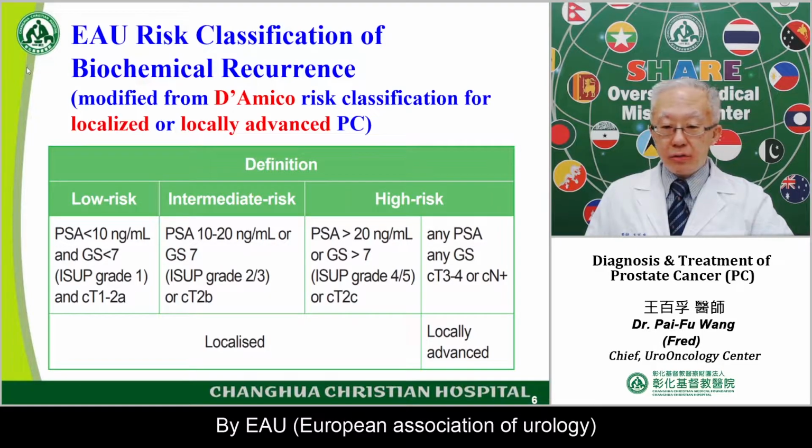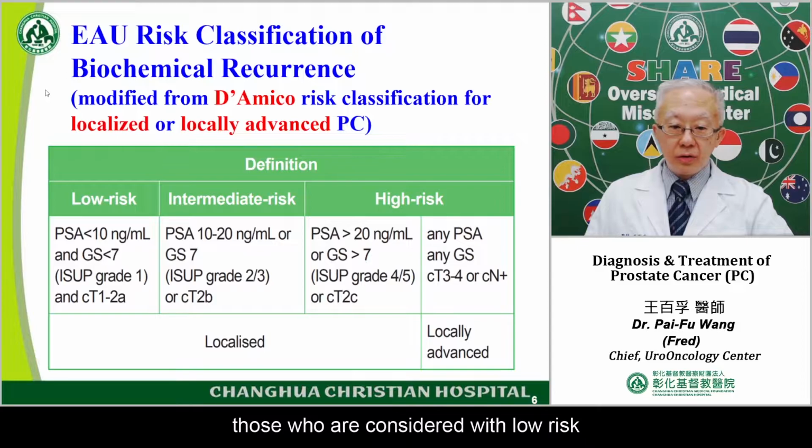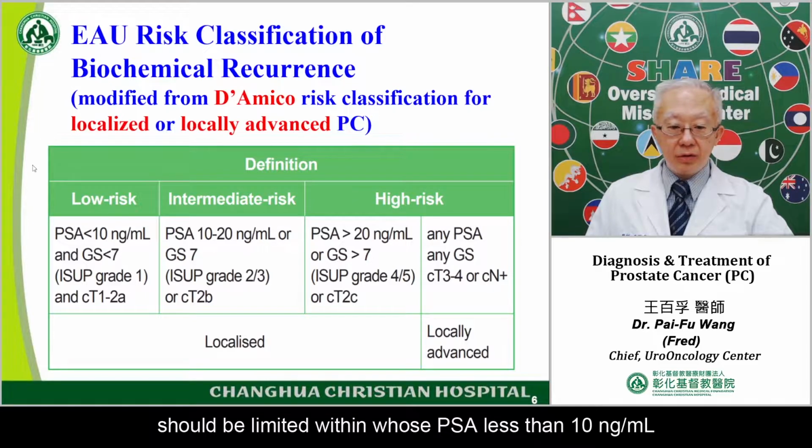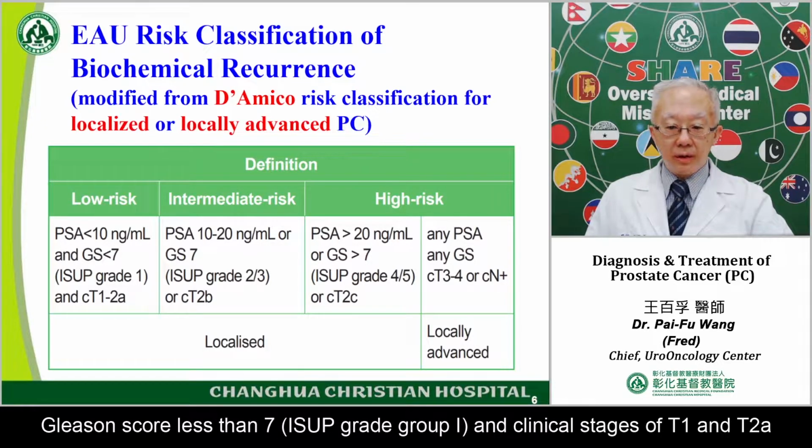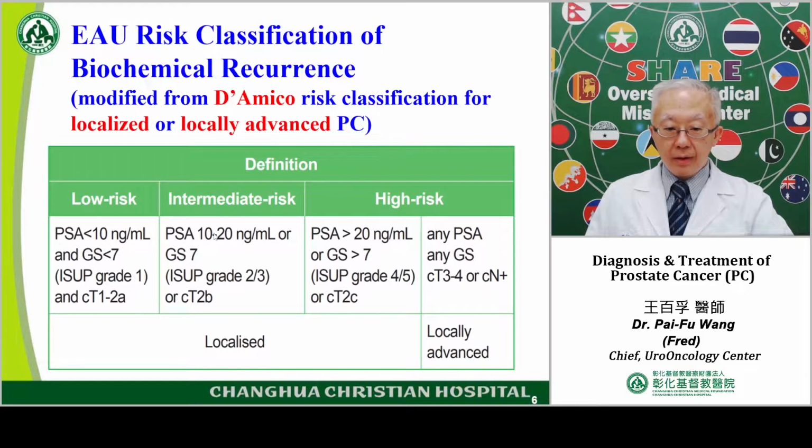By EAU, European Association of Urology, those who are considered with low risk should be limited within those PSA less than 10 nanogram per milliliter, Gleason score less than 7, ISUP grade group 1, and clinical stage of T1 and T2A.